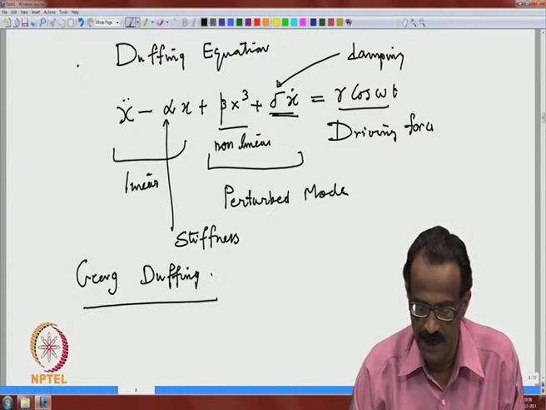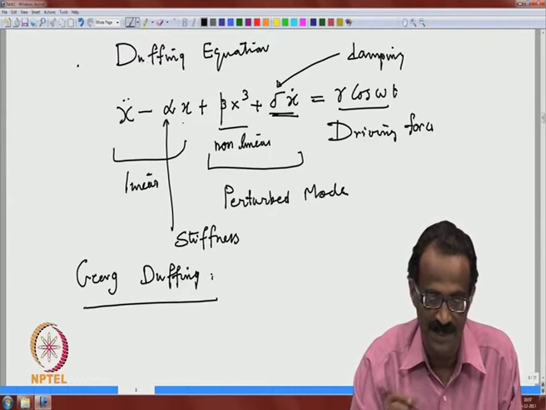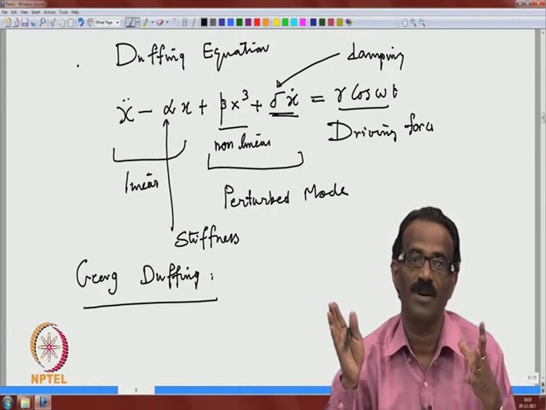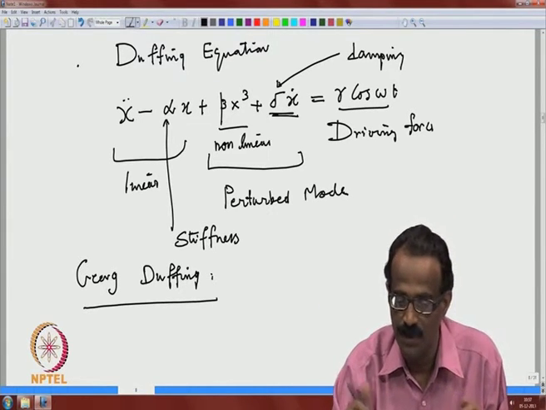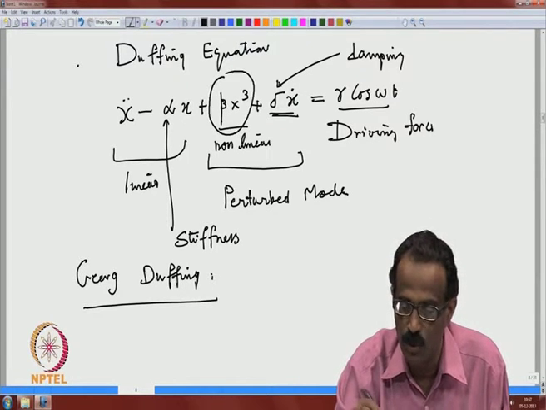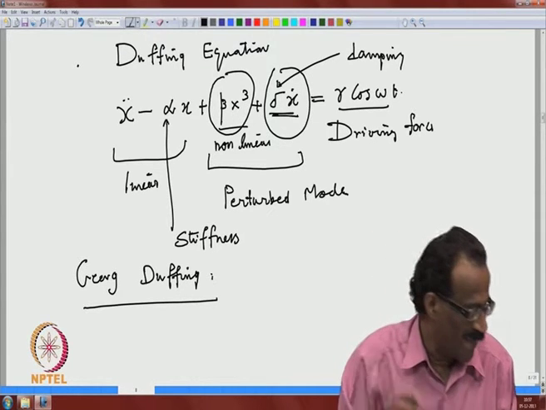As I said, if you want a linear system, you will be restricted to only a limited understanding. If you want a more general understanding of your system, you have to include nonlinear perturbations.